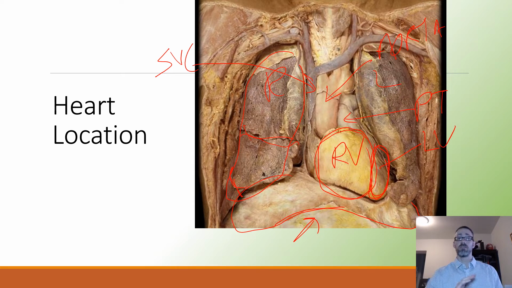The rest of the left ventricle is actually posterior, and we can't see it in the cadaver at this time. So anatomically speaking, the normal physiological position of the heart: apex towards the left, base is more superior. This is substernal, or just behind the sternum. And the right ventricle faces most anteriorly, while the left ventricle is more posterior.